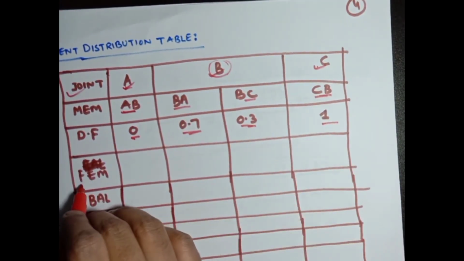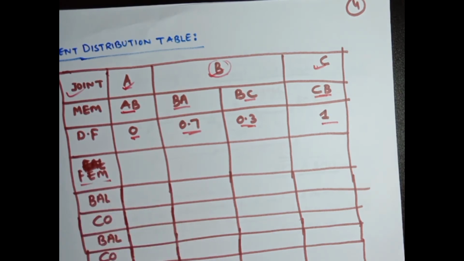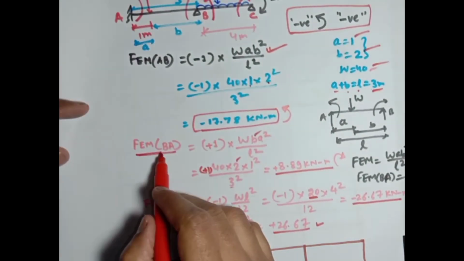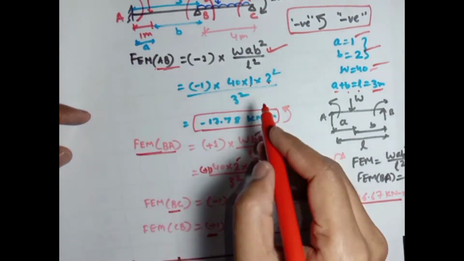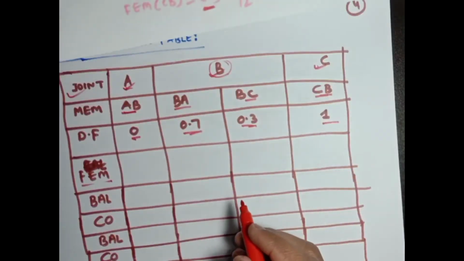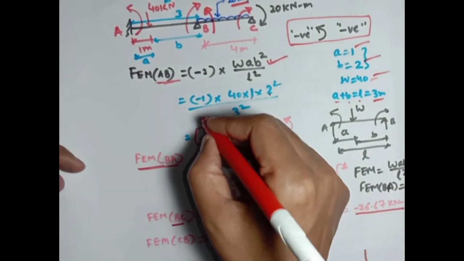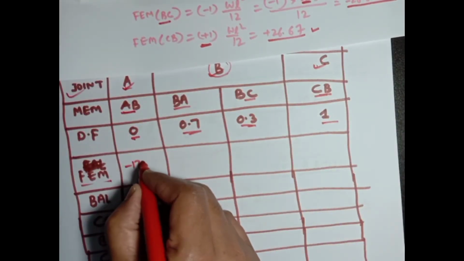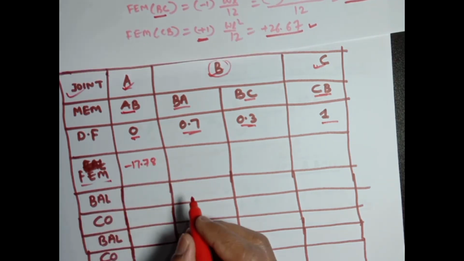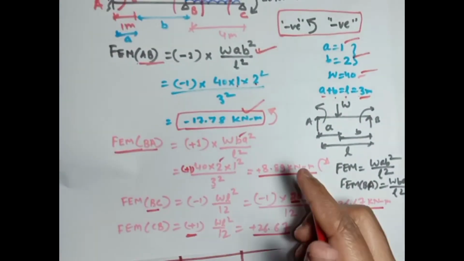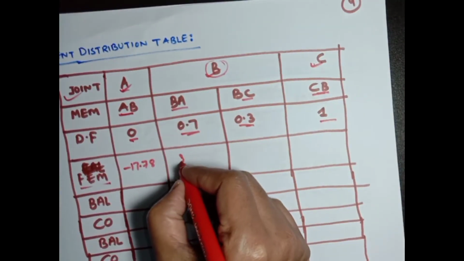Now FEM, fixed end moment. Fixed end moment we have calculated here for member BA. For AB we have calculated minus 17.78 kilonewton meter. For member BA we have calculated 8.89, so we'll be putting here 8.89.